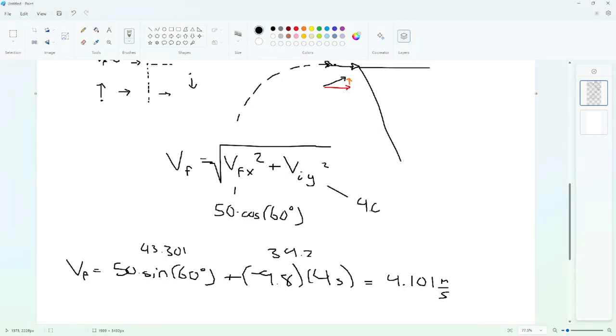So we plug this in here, and then we square both of these, and we add them.